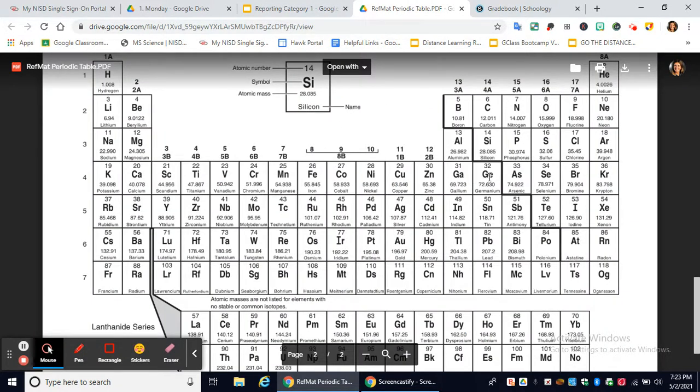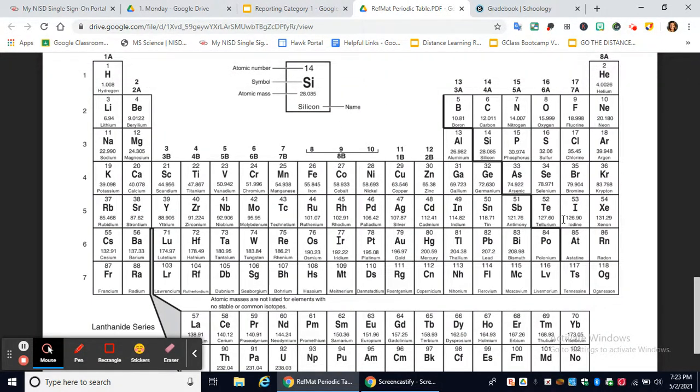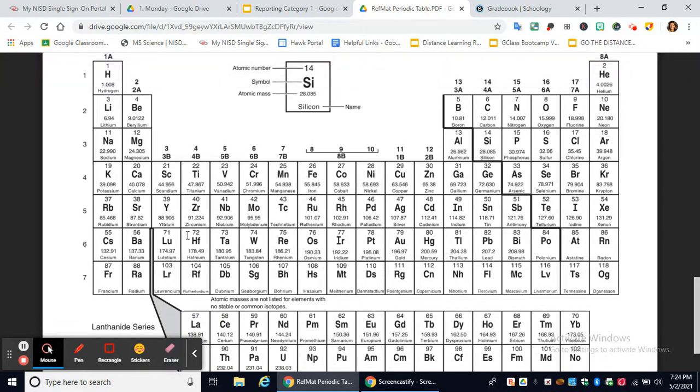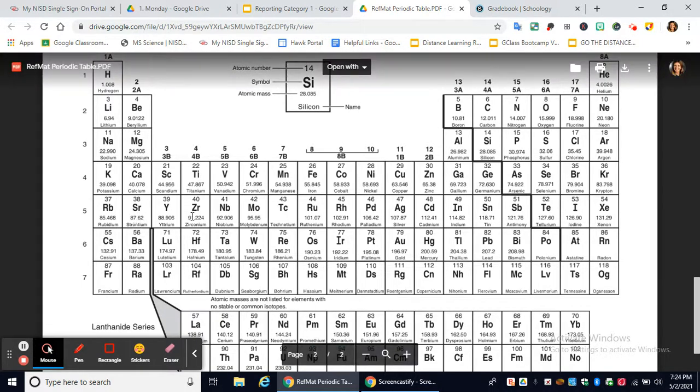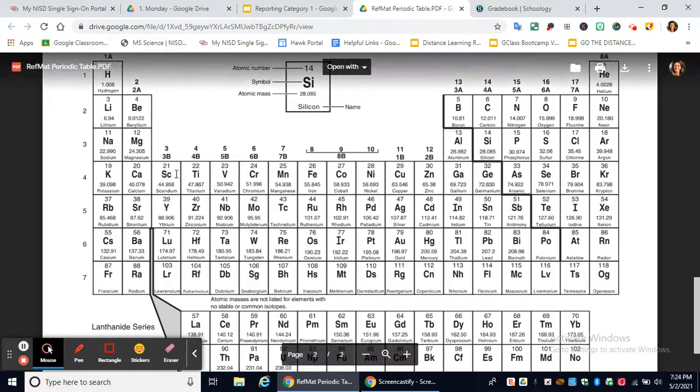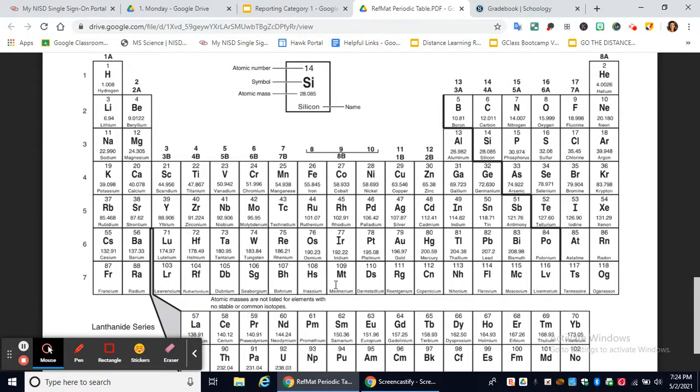So bismuth, where are you? So here's bismuth. What we want to look at is the mass number, but we're going to round that.